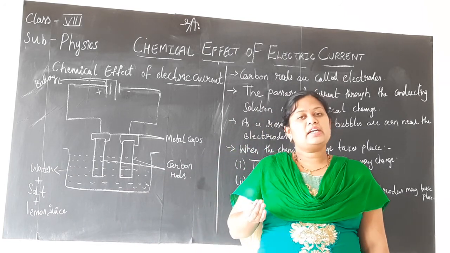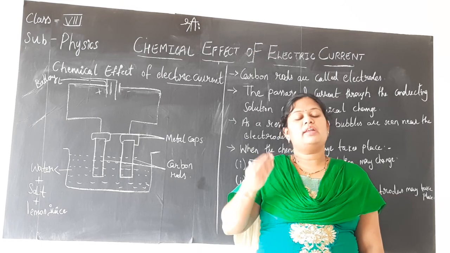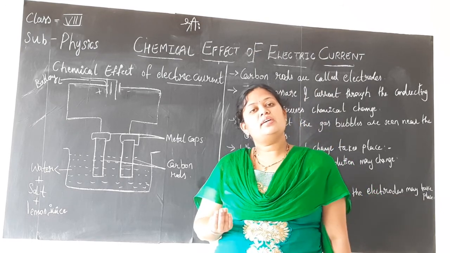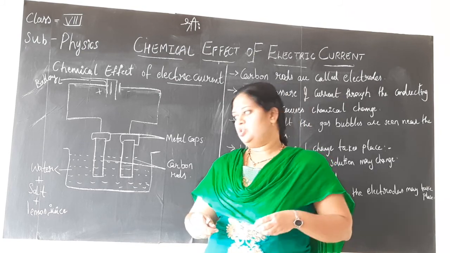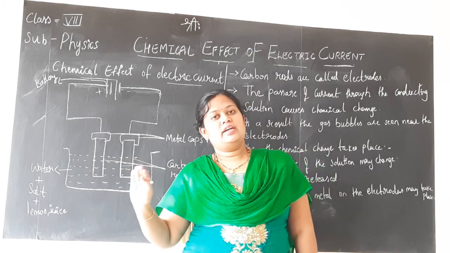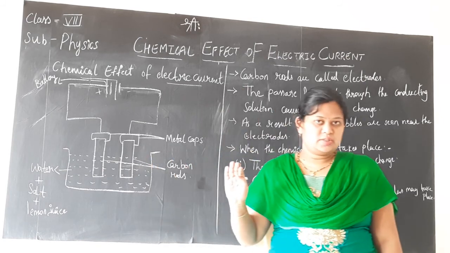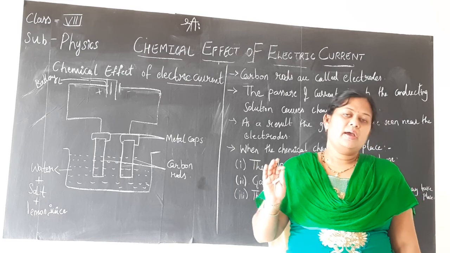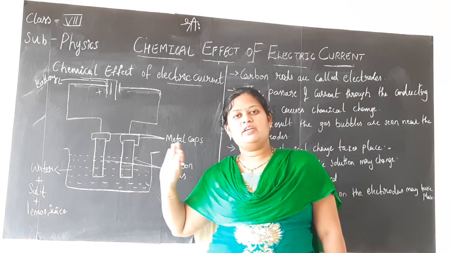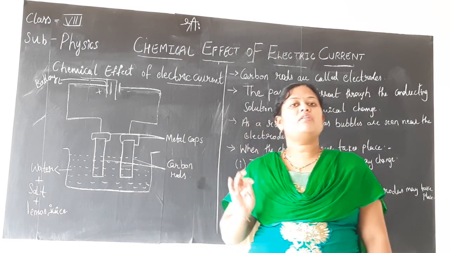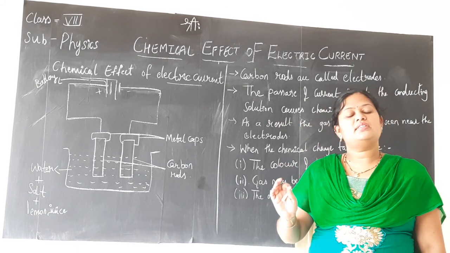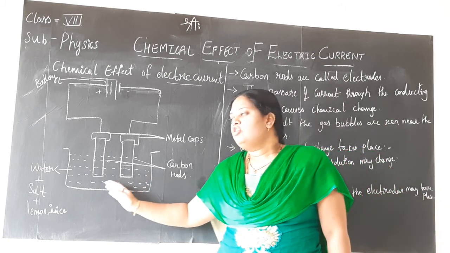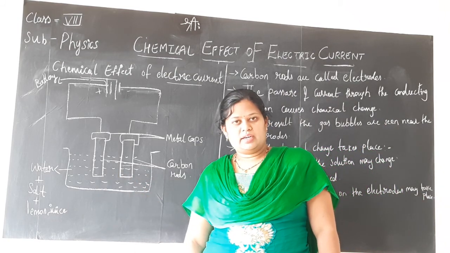We studied by the activity that salt solution, lemon juice or vinegar are good conductors of electricity. Distilled water does not contain any dissolved salts or ions, hence it is a bad conductor. But the normal water we use consists of dissolved salts and ions, and hence it is a good conductor of electricity.